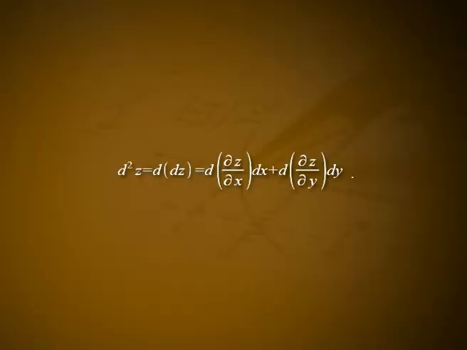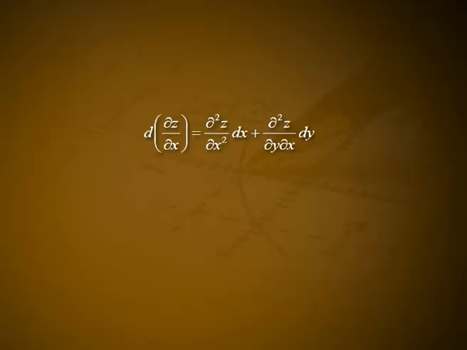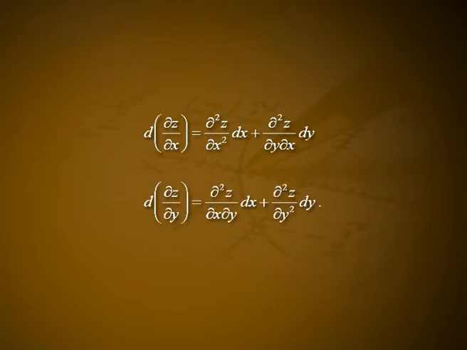Therefore, d²z = d(dz) = d(∂z/∂x) dx + d(∂z/∂y) dy. Replacing z by ∂z/∂x and ∂z/∂y, we get d(∂z/∂x) = ∂²z/∂x² dx + ∂²z/∂y∂x dy, and d(∂z/∂y) = ∂²z/∂x∂y dx + ∂²z/∂y² dy.